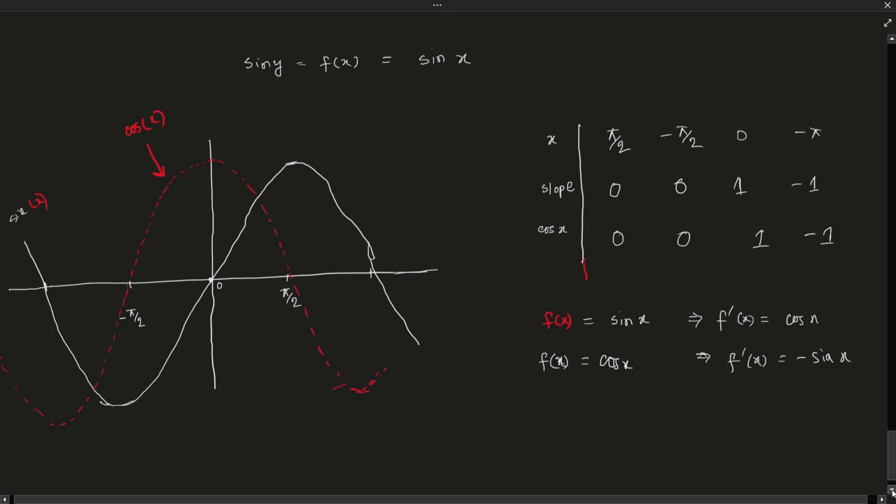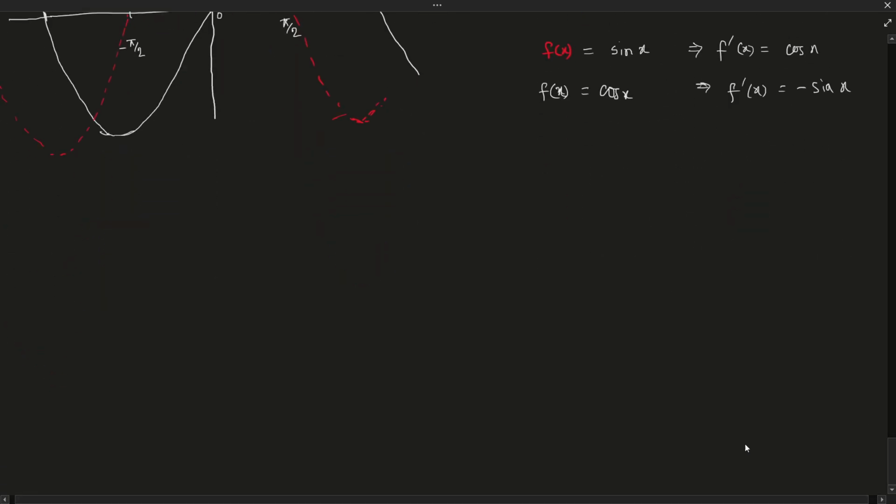For cos, in case of cos, the curve will be like this.